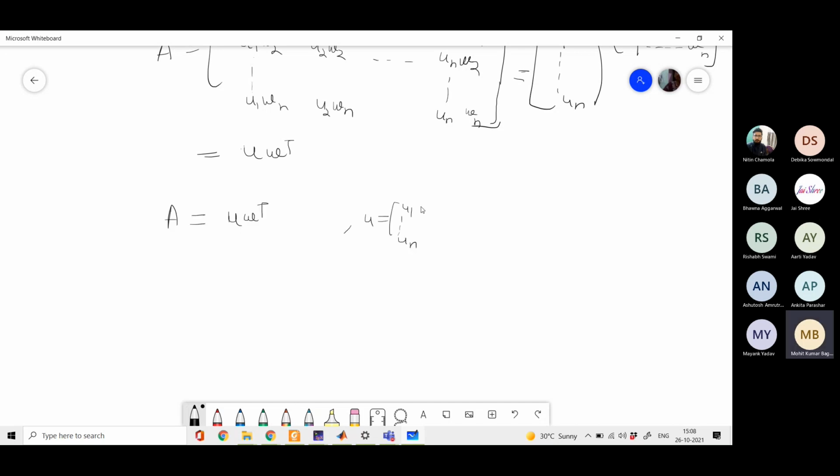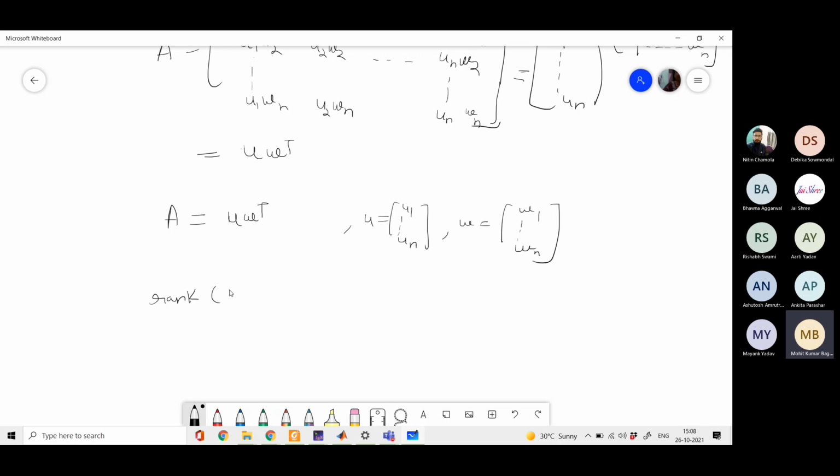Vectors of this form. Can you conclude about the rank of such a matrix? For such a matrix, just verify.